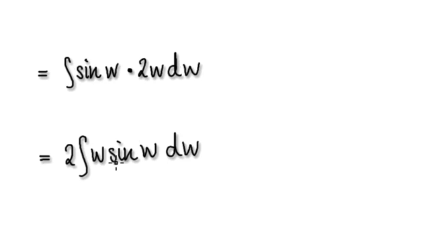When you are at this stage, hopefully you realize that you've got one block multiplying another block, and when you differentiate this block, it becomes simpler. Hopefully you have a gut feeling that you should use integration by parts.